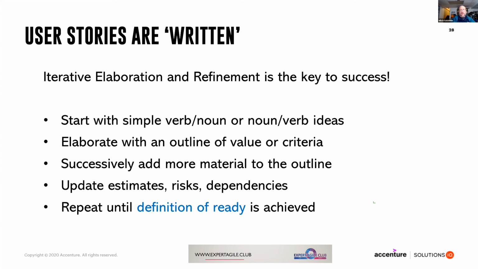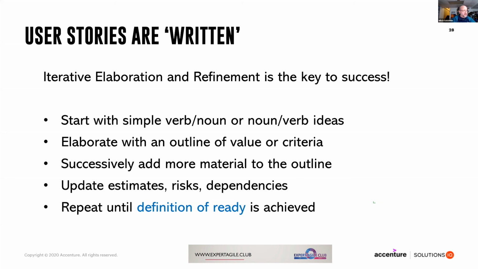The story has the minimal requirements to be engaged by the team. It needs to be, for example, at 75 to 85% completeness. It needs to be estimated. It needs to be risk evaluated. Dependencies need to be evaluated. All these things are baked into a definition of ready.